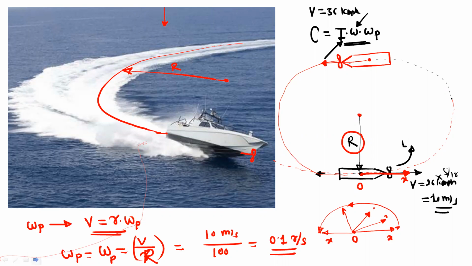Okay, so now we have to decide the effect. So to decide the effect of that gyroscopic couple, we have to draw the angular momentum diagram. Okay, so this is the naval ship.